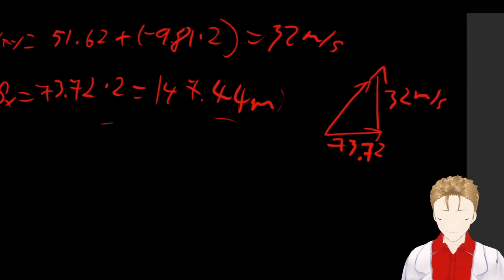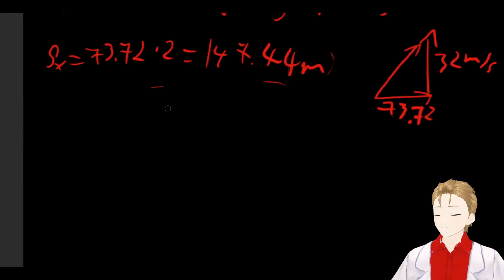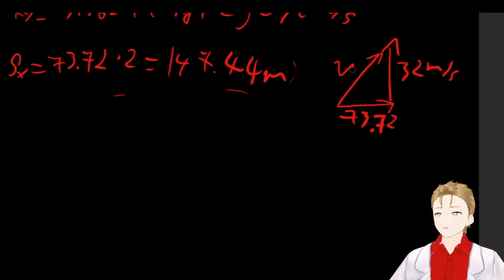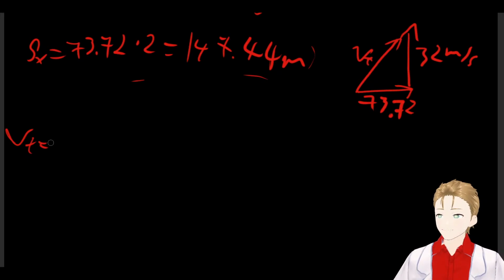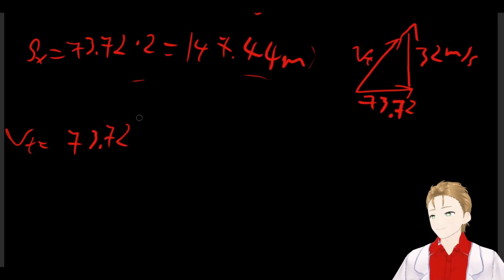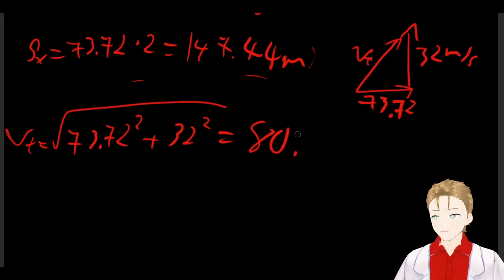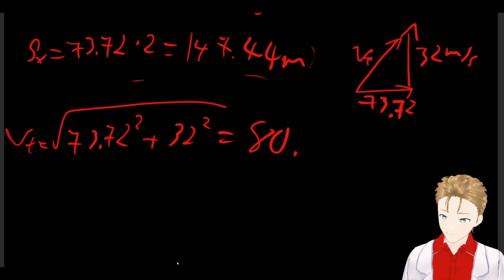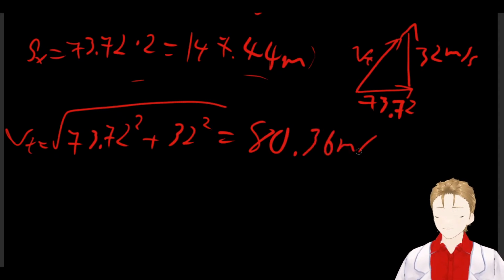Square root 80 point. Okay, so if we have V sub t for velocity total, it's 73.72 squared plus 32 squared, all under the square root, which is 80.36 meters per second.